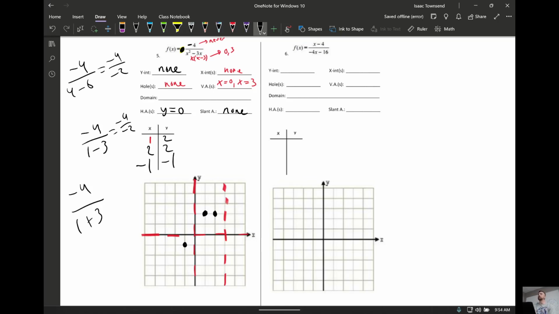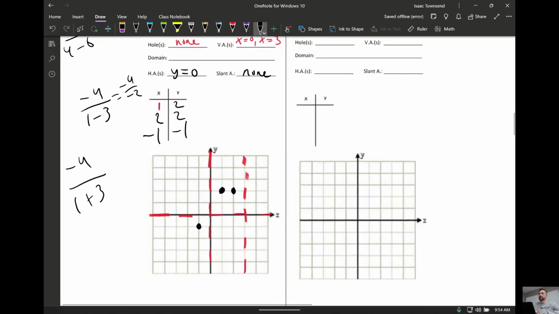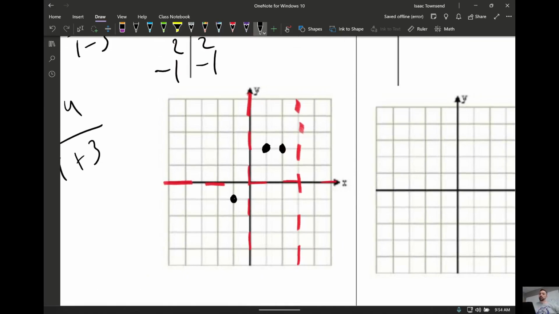And you can keep on going if you want to, but for me I have enough points because I can see what's going to happen now. If this point's down here in the bottom left and this point's up here in the top right, this must be going to -infinity on the left, so +infinity on the right. That's the only way that I'm going to hit those 2 points. This graph is going down, so it's going to keep going down, but I also figured out this point, so I know it turns around pretty quickly.